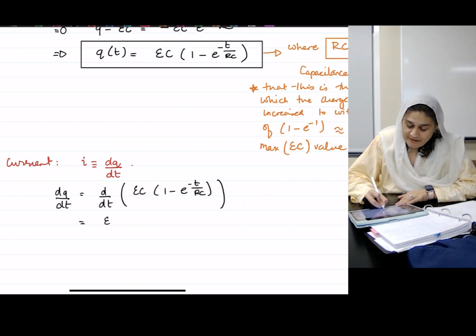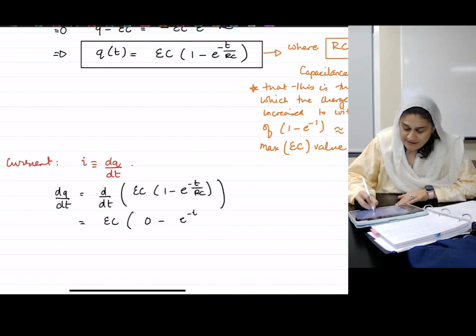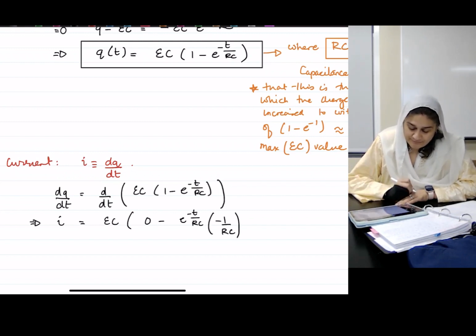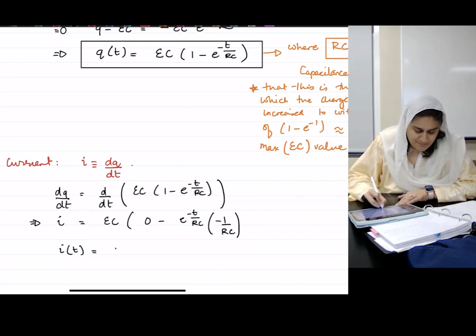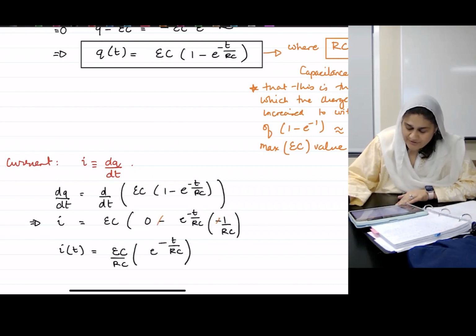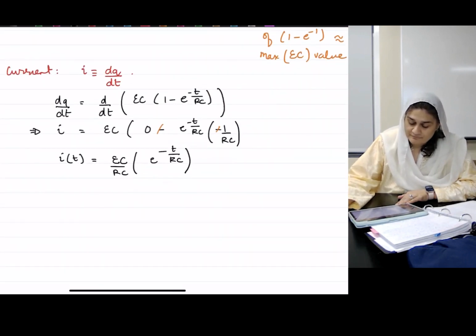or EC times 0 minus e to the minus T over RC times minus 1 over RC. And this will be I on this side. Or I as a function of T will just be EC over RC e to the minus T over RC, where these two will get canceled, and these two will get canceled.